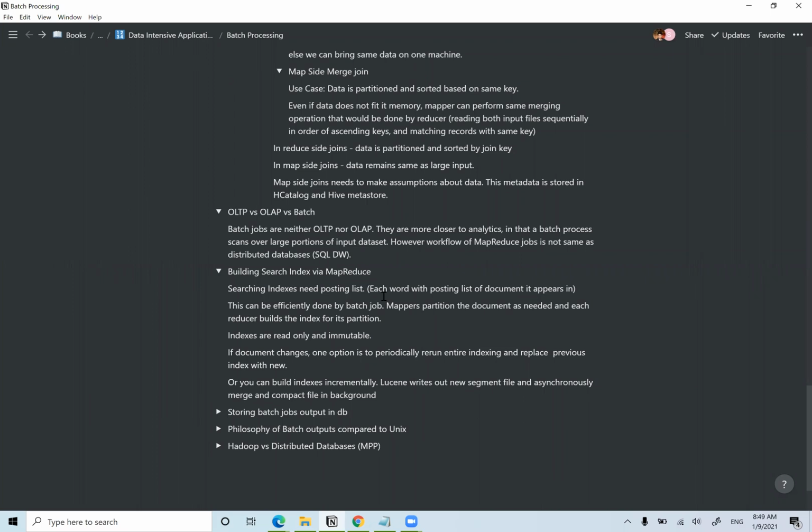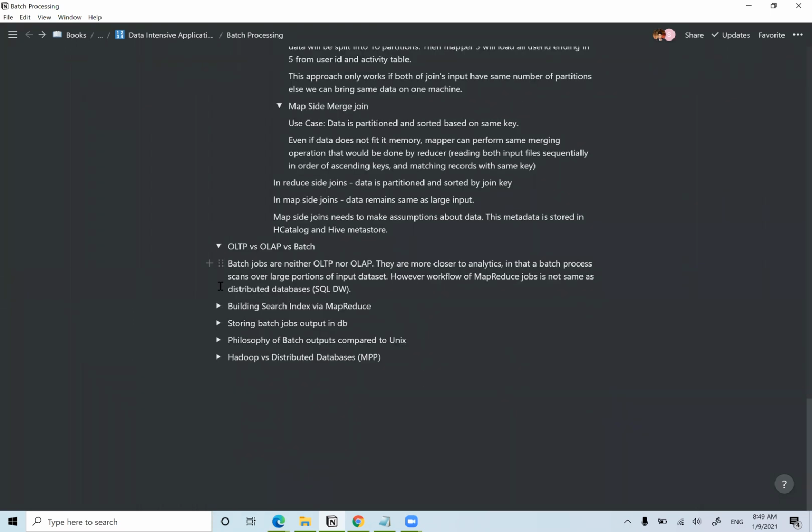The other approach could be to build your indexes incrementally, where whenever there are any changes, you save those new changes and then merge and compact them with your existing index. So this was how search indexes could be built using MapReduce.